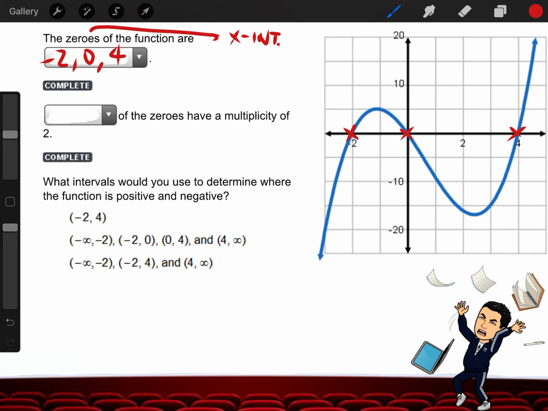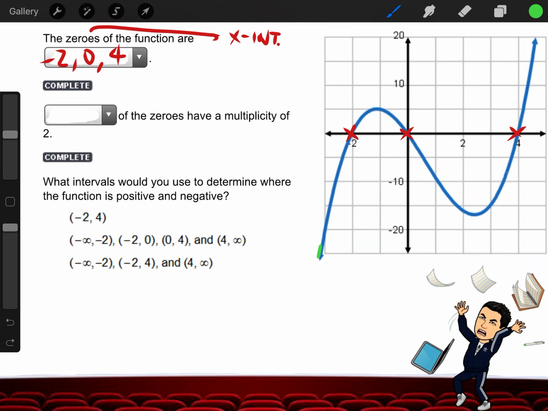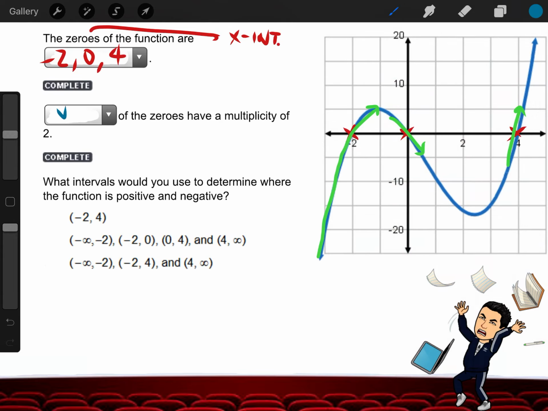If it has a multiplicity of 2, your graph is going to bounce back when it hits the x-intercept. Look at this, everything crosses. I'm coming from this way, and when I hit the x-intercept, I just went through it, and I went through these zeros. So none of the zeros have a multiplicity of 2.